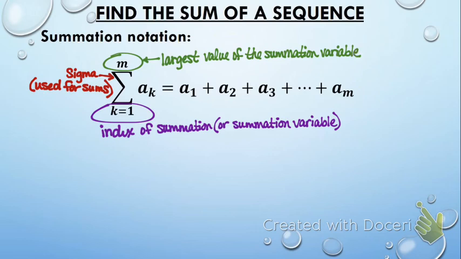So down on the bottom, they tell you the value of the variable to start with. You'll do all the whole numbers in between until you get to the value of the variable up on top. So we're going to start with the bottom, and we will stop with whatever this number is, and we will do all the whole numbers in between.